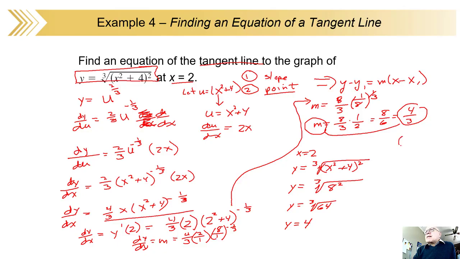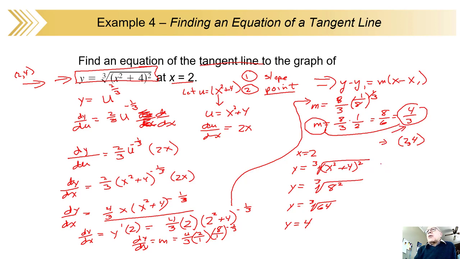What does that give us? We just found that one of the points on that curve is the point (2, 4). Now I've got the point (2, 4), and I've got the slope 4/3.